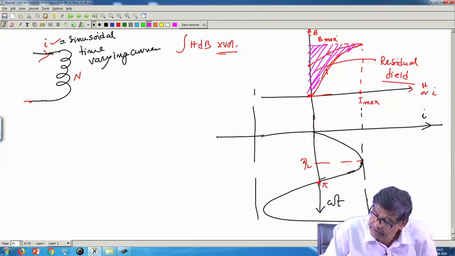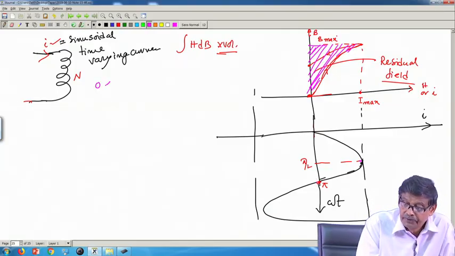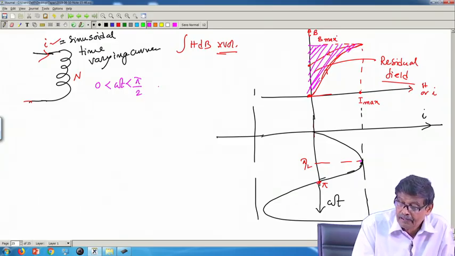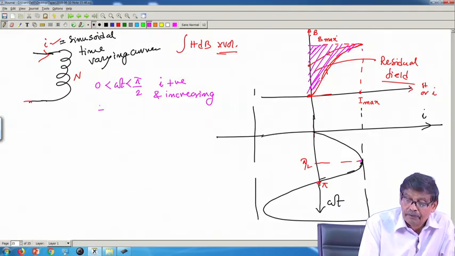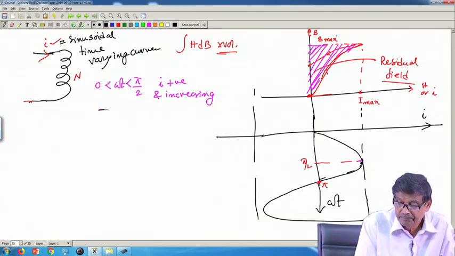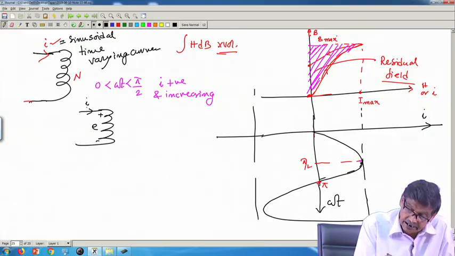During this to this part, pi by 2 to pi. So, during 0 to omega t to pi by 2, I was positive and increasing, is it not? So, during this zone, if you draw the coil, I was increasing and positive, the induced voltage must have been like this, plus minus, this is the induced voltage, and current is really positive.